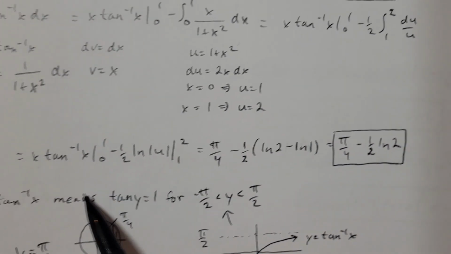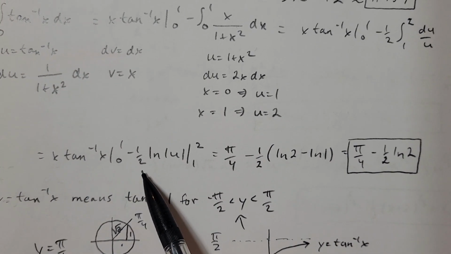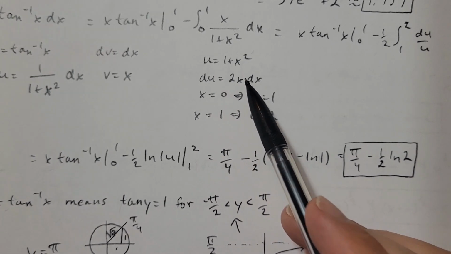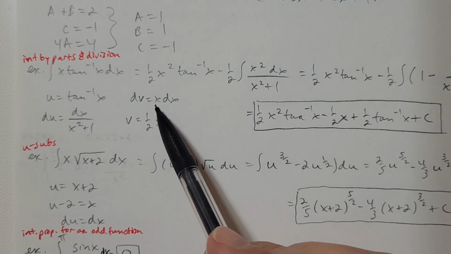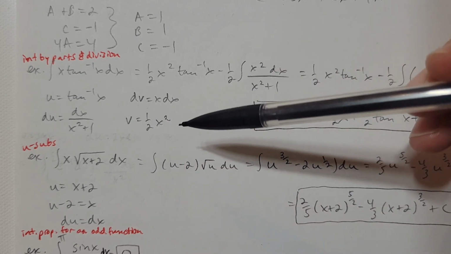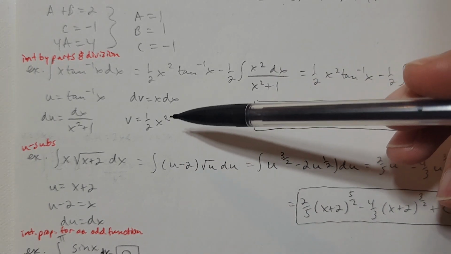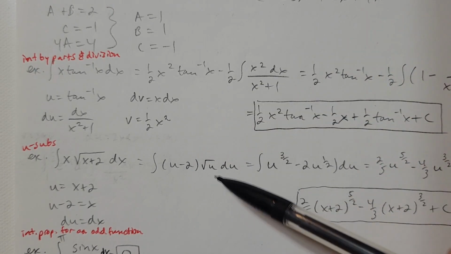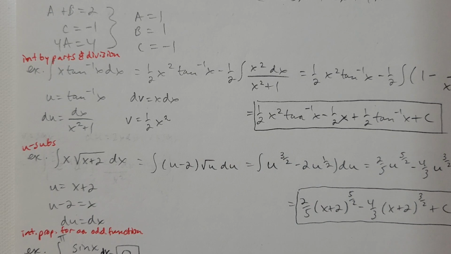It's x times tangent inverse of x minus 1/2 times the ln of the absolute value of 1 plus x squared. So I'm not going to want that in my dv part. Okay. So even though I'm increasing the power by 1 here, that's fine. I'd rather have this guy than this other thing that I just read you.